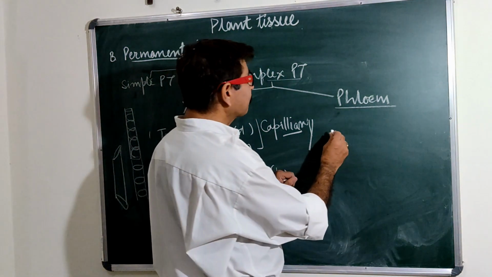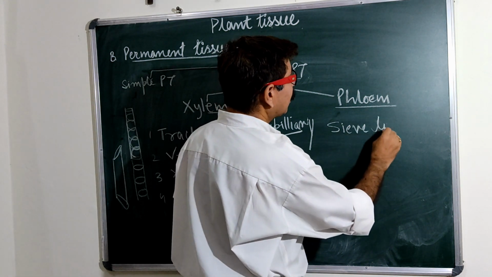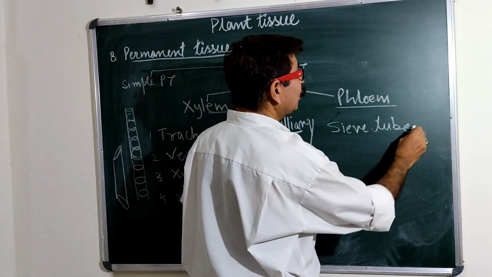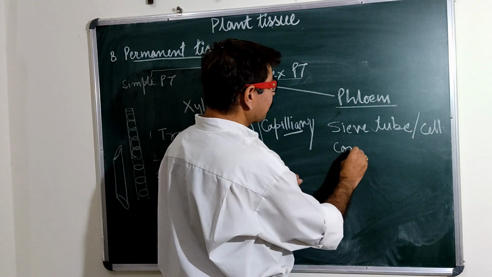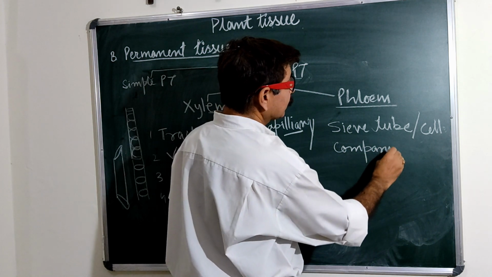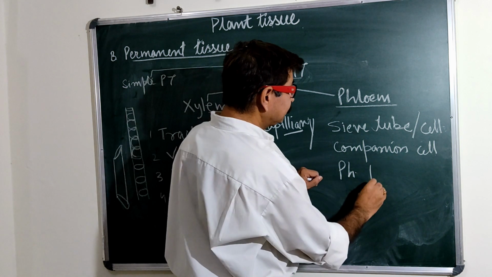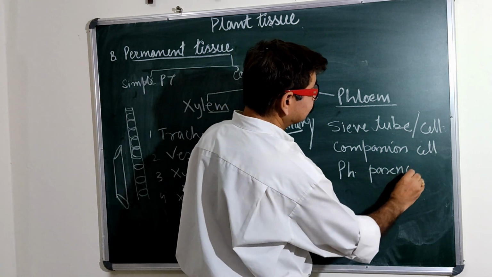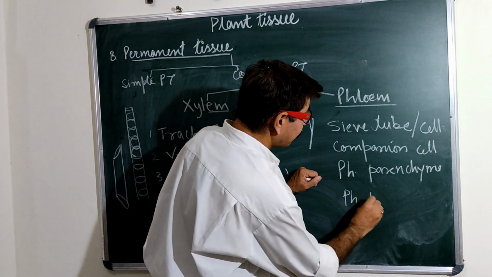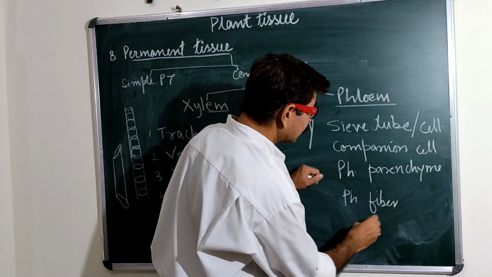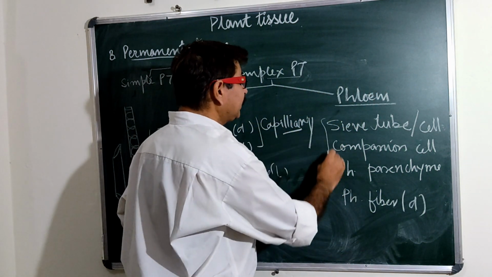They are sieve tubes or sieve cells, tube or the cells, companion cells, phloem parenchyma, and phloem fiber. Only fiber is a dead cell, and the rest of the 3 are living cells.